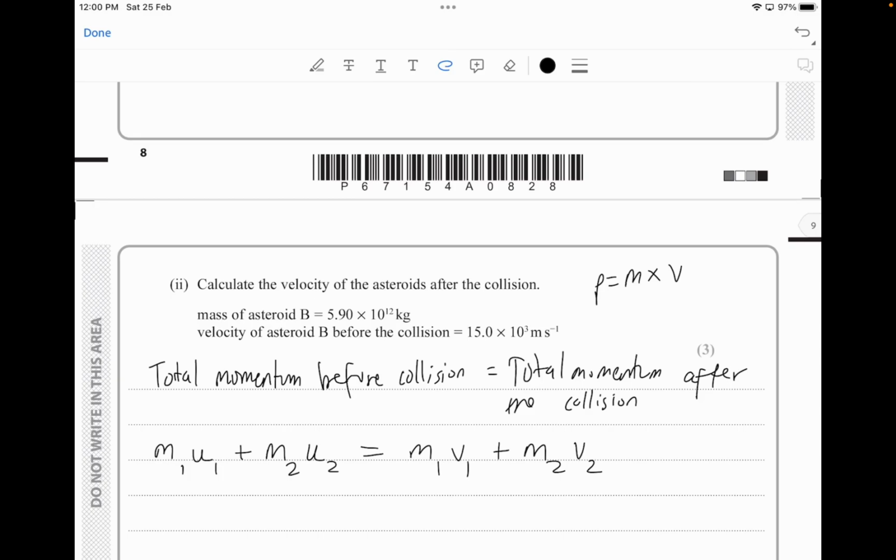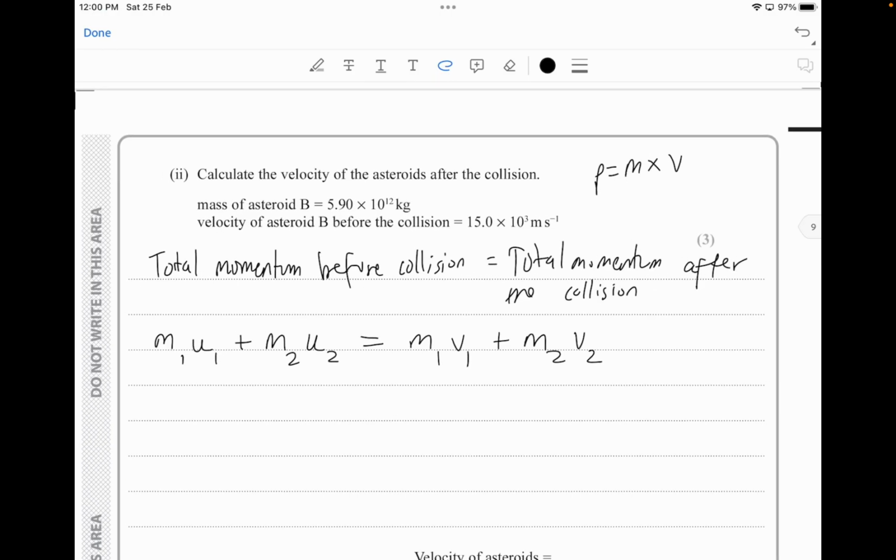In order to do that, we have to look at the masses. So I'm going to write this all down here so we can see it more clearly.